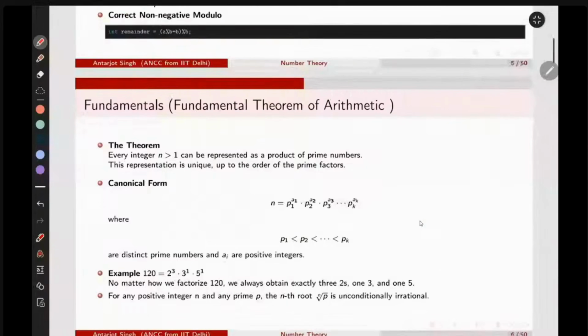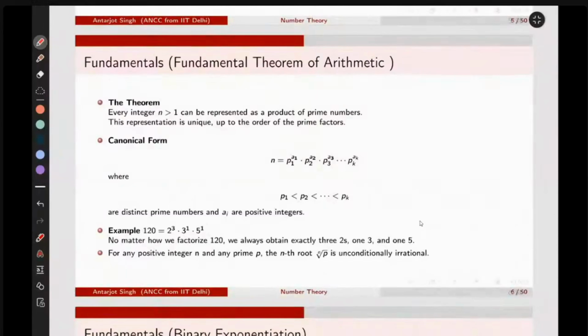Next we are covering the fundamental theorem of arithmetic, which says that every natural number n can be written as a uniquely determined product of primes. Every n can be written as a product of primes, and for every n there exists a unique representation. This is called the canonical form of numbers.